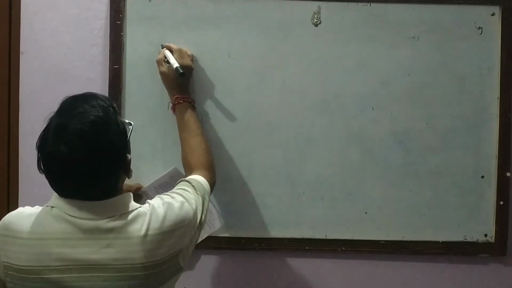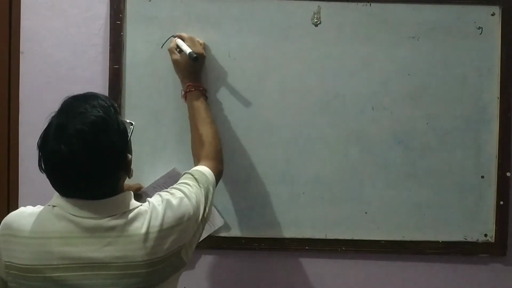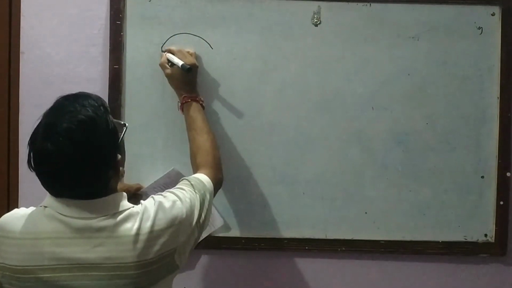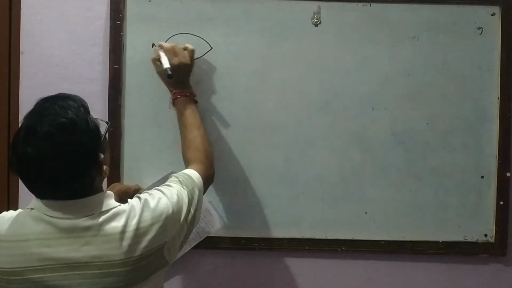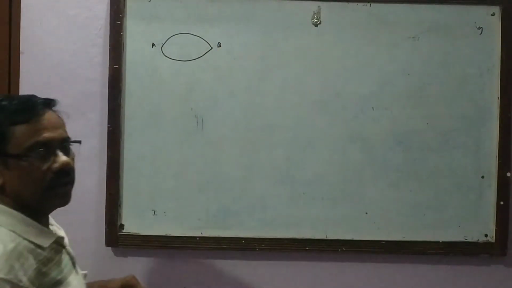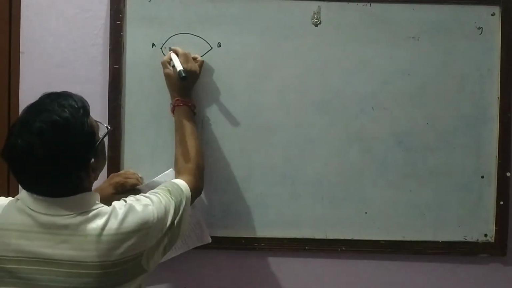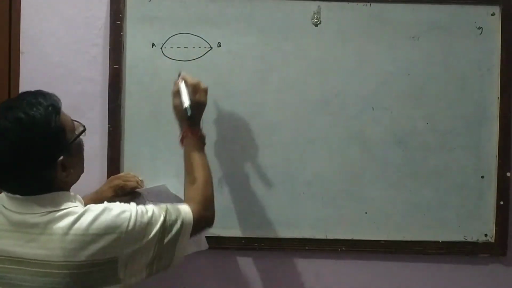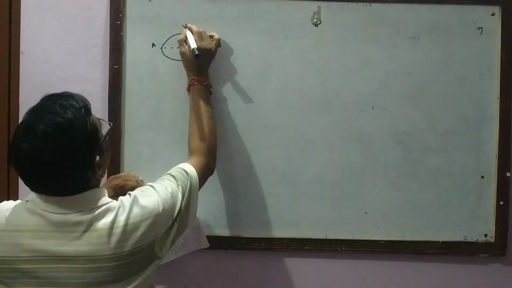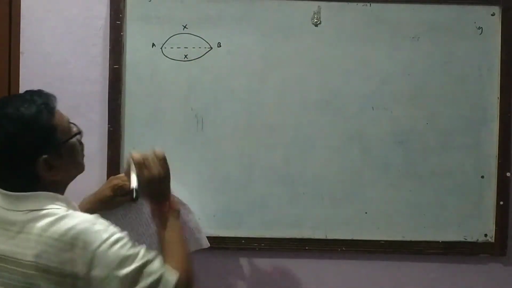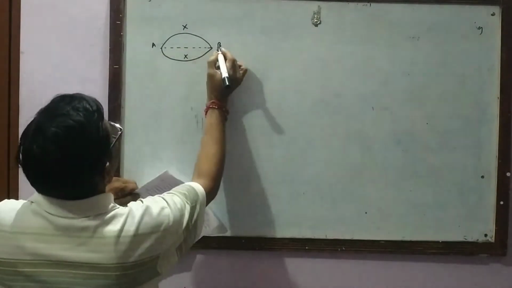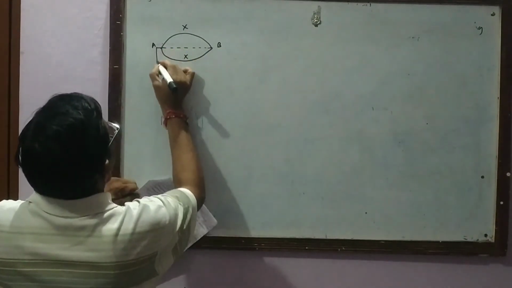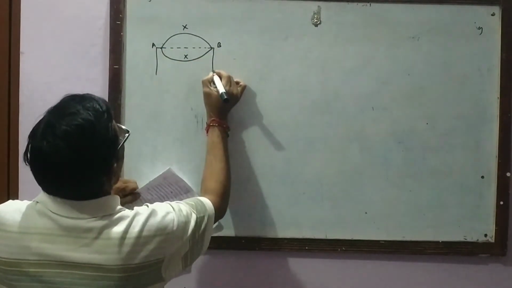Now this is the Wheatstone meter bridge, this is the bangle, the circular bangle, and these are the two diametrically opposite points A and B. Therefore it divides the bangle into two halves, each having resistance X, both equal, and these are connected to the left gap of the meter bridge.